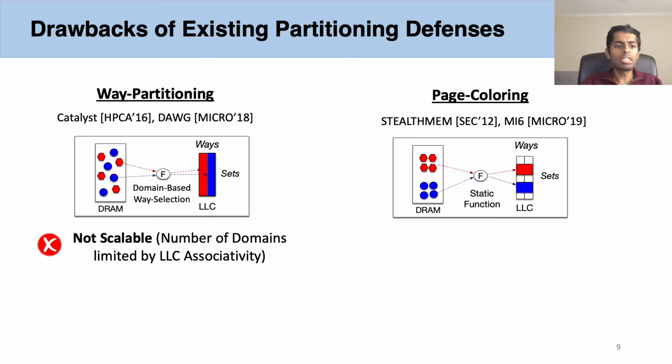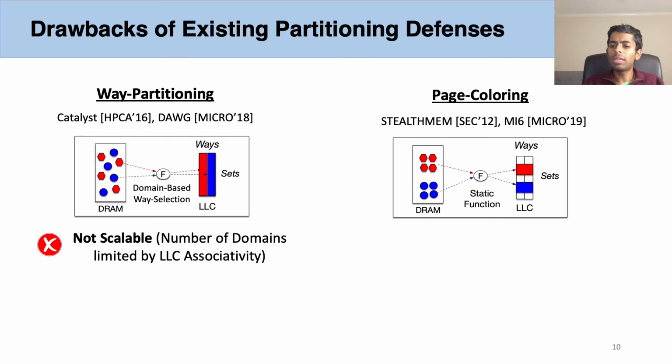However, such solutions are limited in terms of scalability, as the number of domains that they can support are limited by the LLC associativity. For instance, a 16-way LLC can only support 16 domains at a time. And this is insufficient because an LLC itself might be shared by 32 to 64 cores simultaneously.